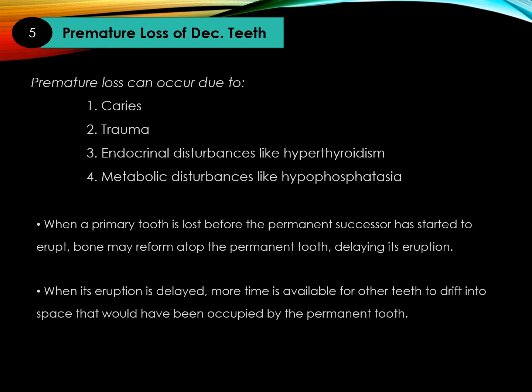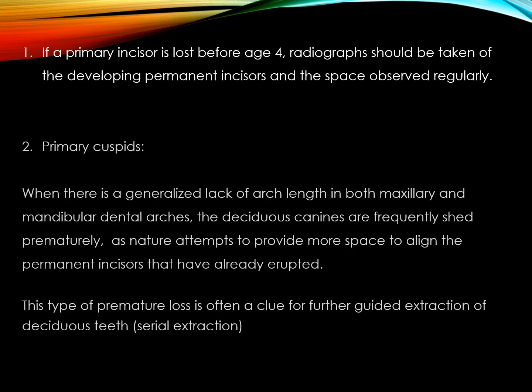So when a primary tooth is lost before the permanent successor has erupted, the bone atop the permanent tooth can reform, thereby delaying its eruption. Also, when the eruption is delayed, there is more time for the adjacent teeth to drift into the space, worsening the condition or causing malocclusion to occur.